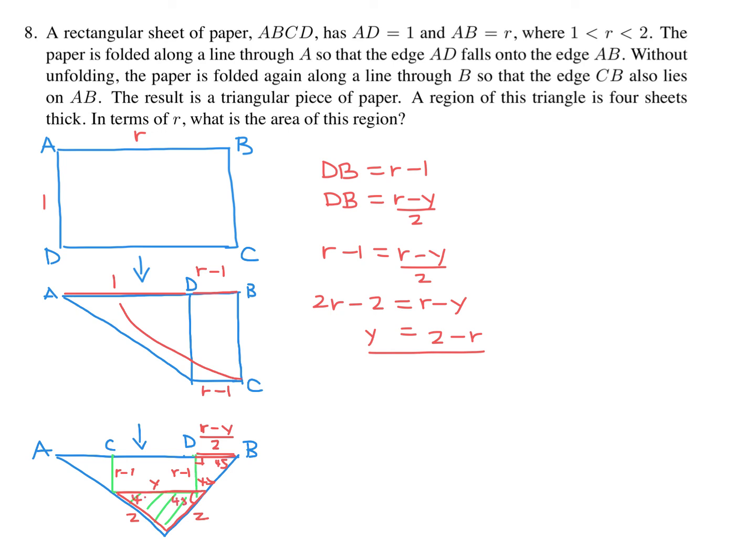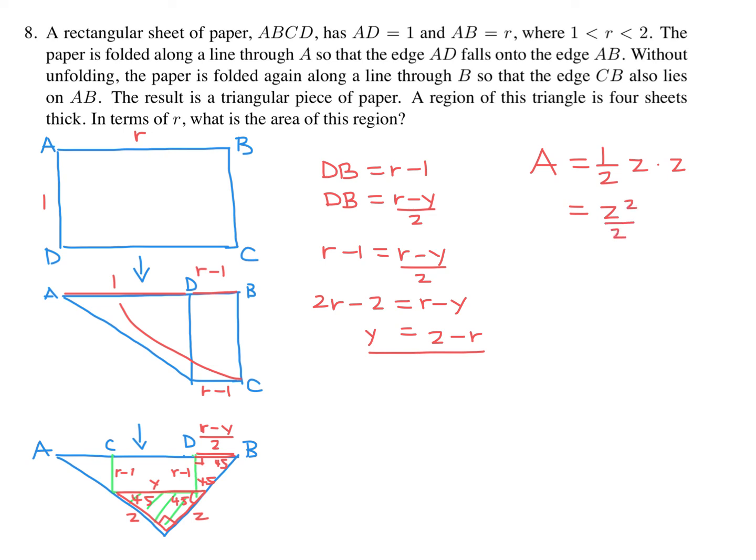And so is this. So therefore, this is a right angle. So I hope that made sense. So to figure out the area of that 4-sheet thick region, it's simple. Area would be 1/2 base times height, where base is Z and the height is Z, since it's a right angle triangle. Okay, so this is Z squared over 2.